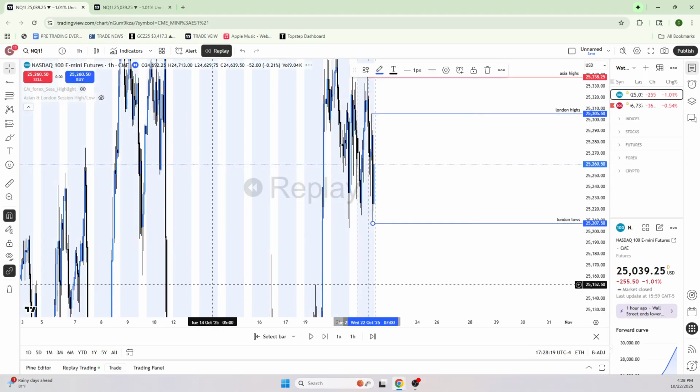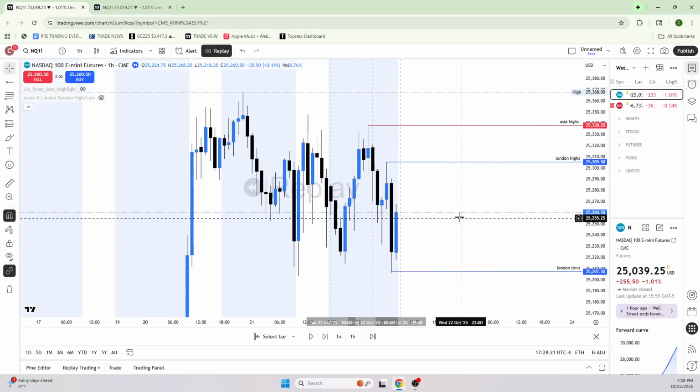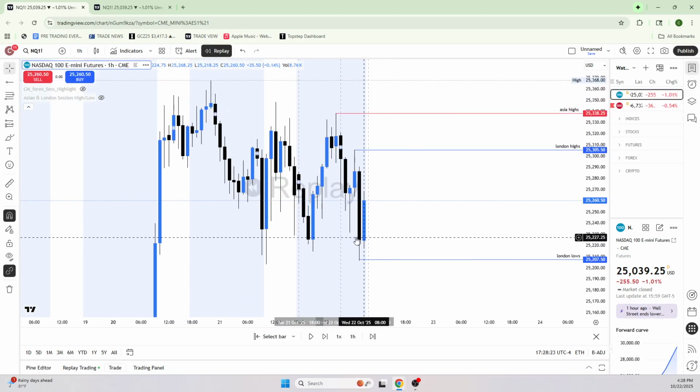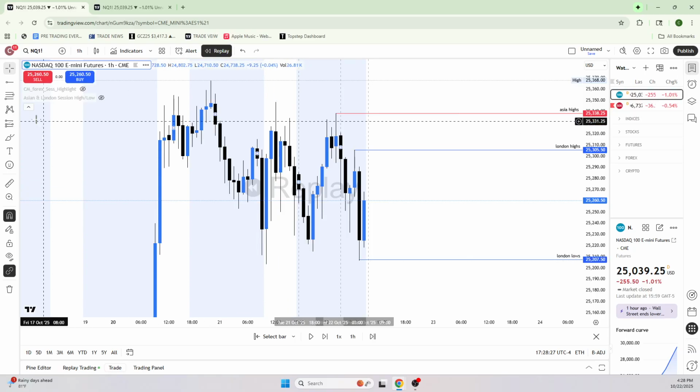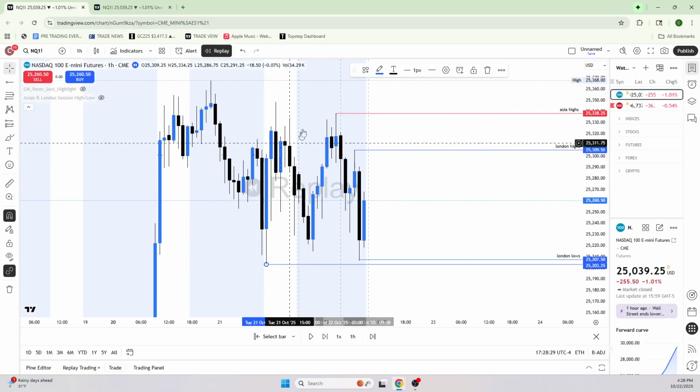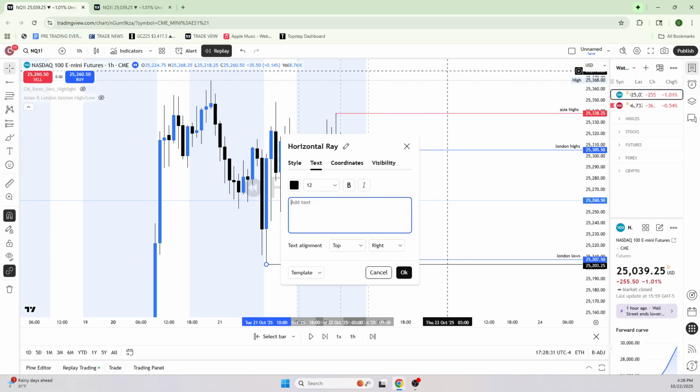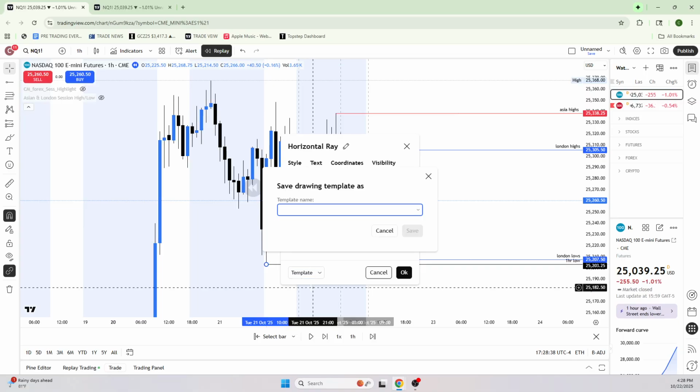Look on the 1 hour. We have those 1 hour highs. These 1 hour highs just got swept. We have these 1 hour lows. 1 hour low. 1 hour low.